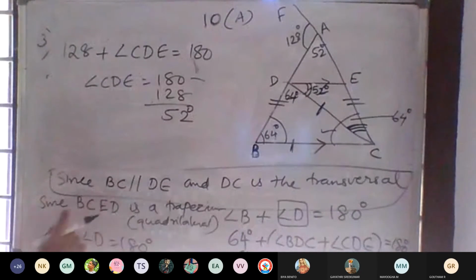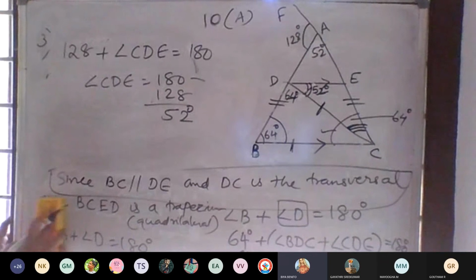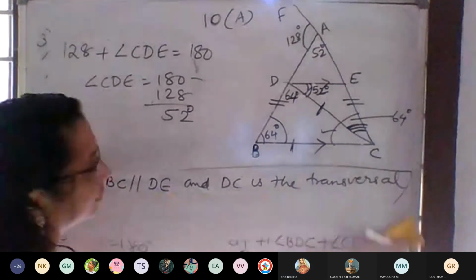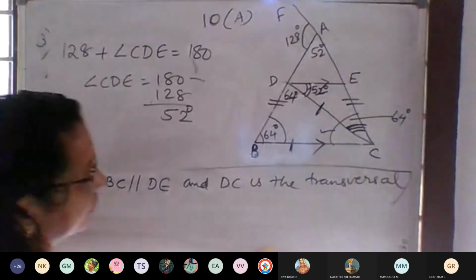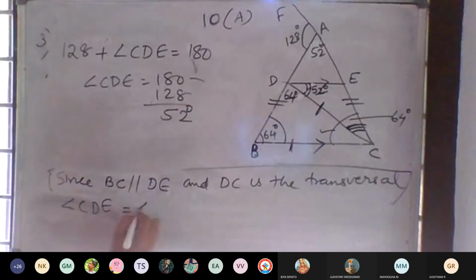Since BC is parallel to DE and DC is the transversal, angle CDE is equal to angle BCD.